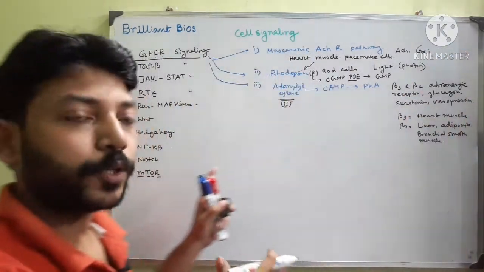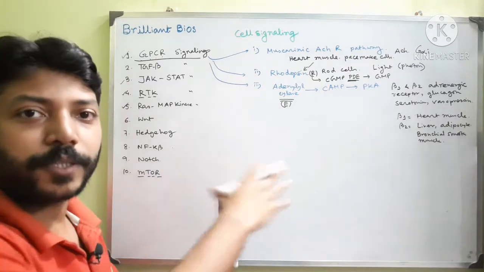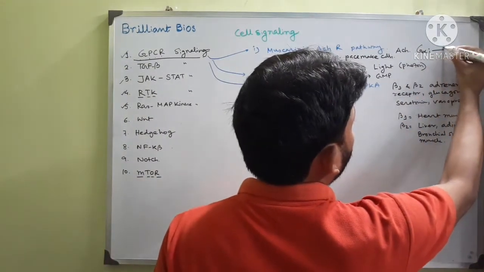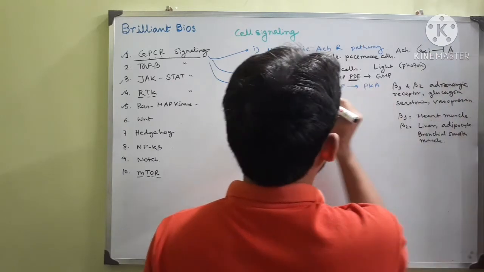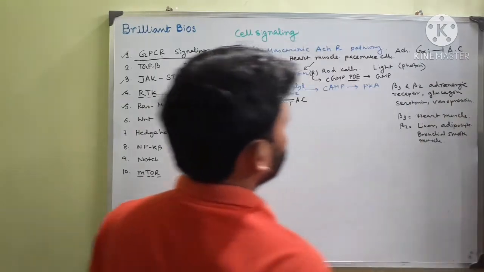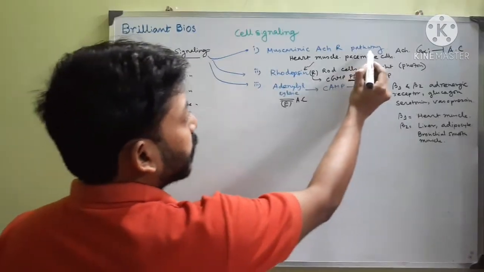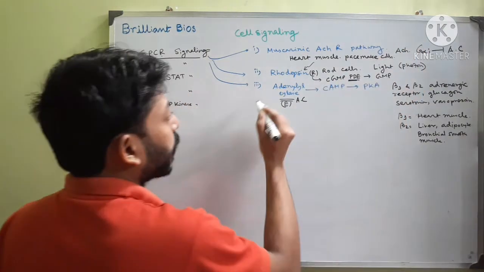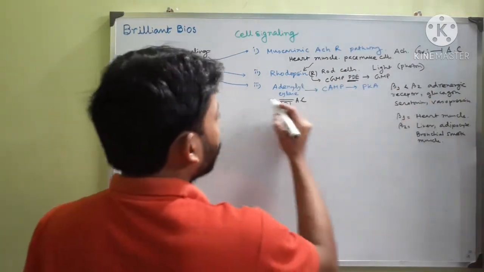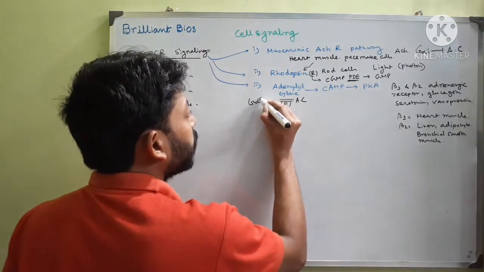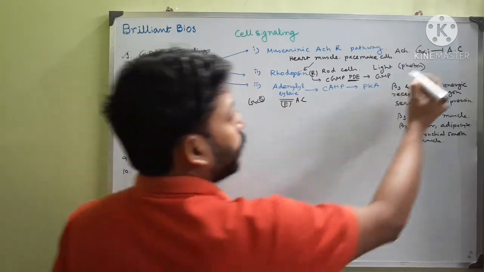I will show you all these things, but I am just mentioning here the overview of this molecule. This G alpha i actually inhibits the adenylyl cyclase enzyme. In short, I am writing it as adenylyl cyclase. So it inhibits adenylyl cyclase. So you can see in the muscarinic acetylcholine pathway, the effector is inhibited by the G alpha i. But in case of this pathway, another G protein is present called G alpha S. S means stimulatory and I means inhibitory.